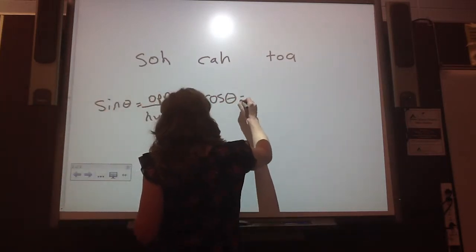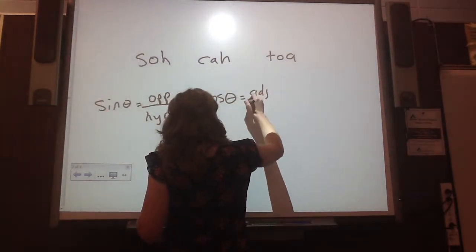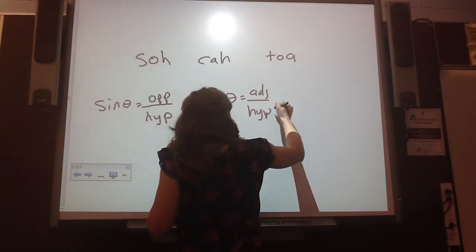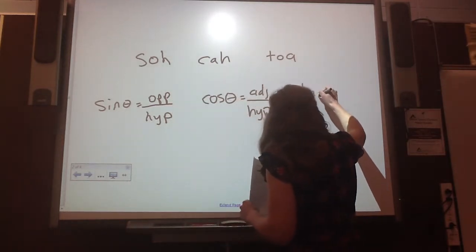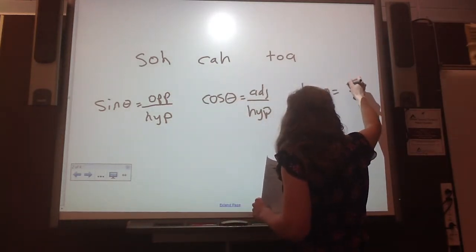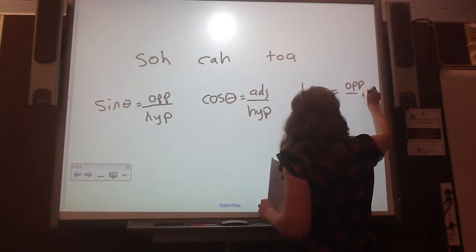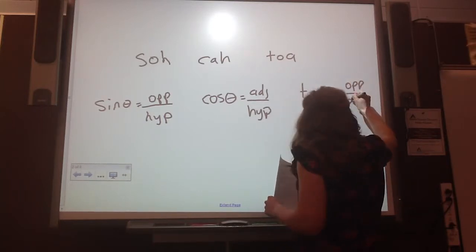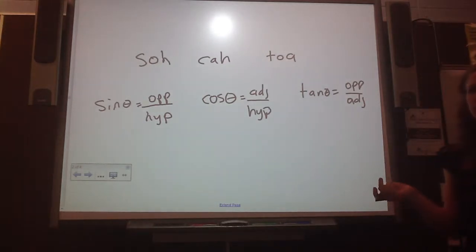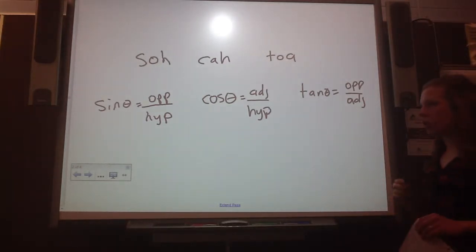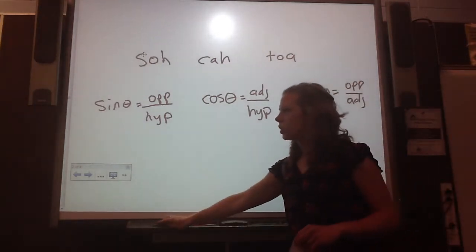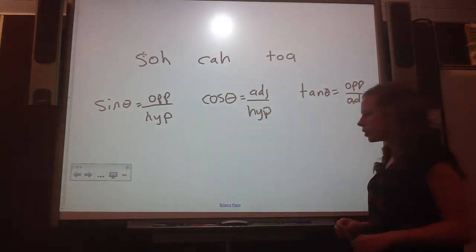Cos theta is equal to adjacent over hypotenuse. And tan theta is equal to opposite over adjacent. So this might be something good to write at the top of your page or on another piece of paper, just to remind you of our trigonometry rules.